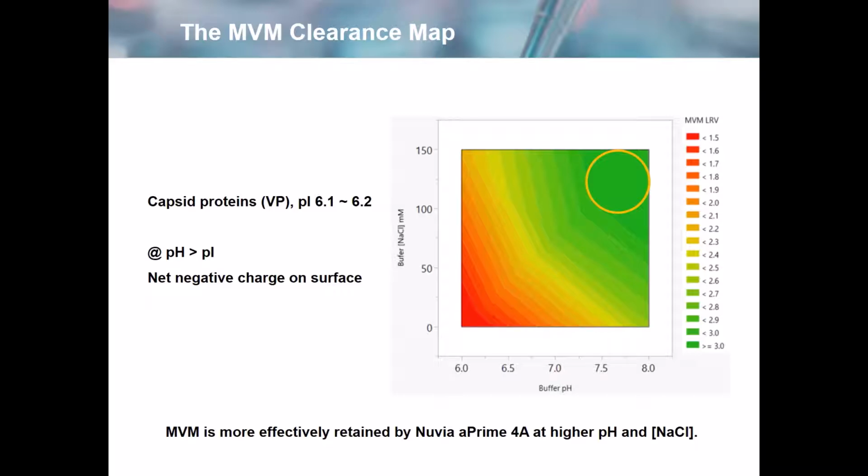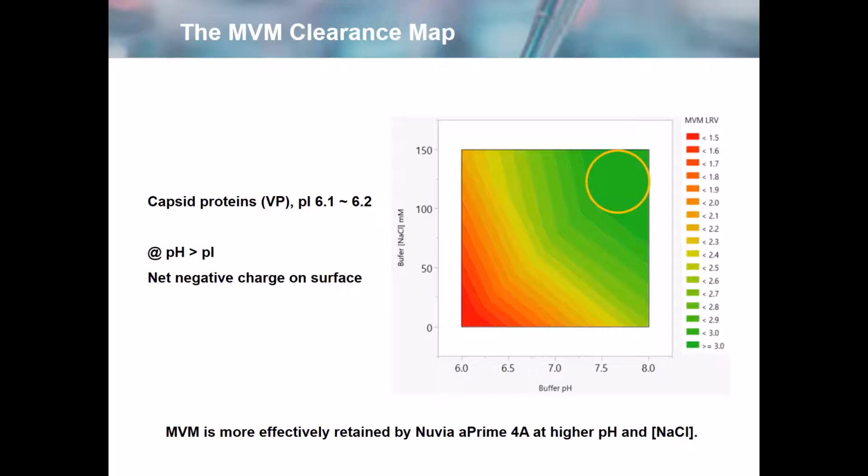Now I'm going to be discussing the results of the spin column experiments. Here you have the MVM clearance map, and it is showing from pH 6 to 8 and 0 to 150 millimolar salt. As MVM is a capsid protein with a pI of 6.1 to 6.2, the pH greater than pI should leave a net negative charge on the surface.